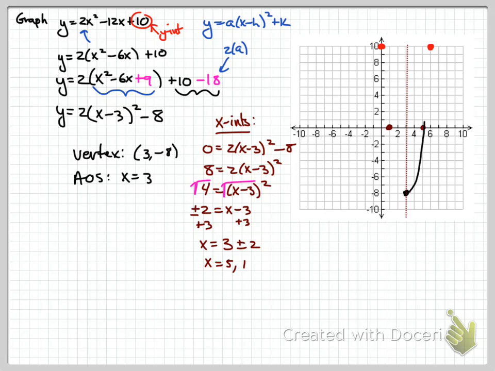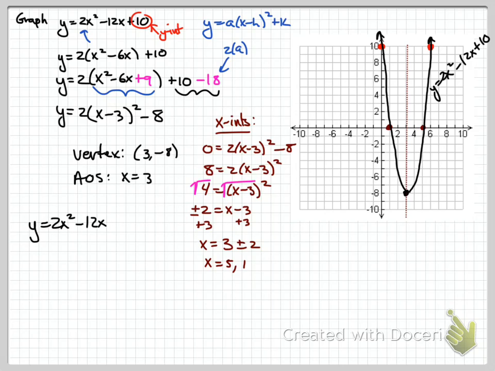the graph right now. And there is our graph of y equals 2x squared minus 12x plus 10. Note to self, we got some really nice x-intercepts this time, which means we could have originally factored our quadratic.